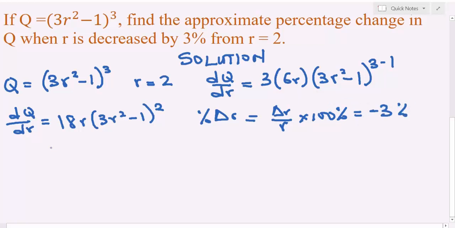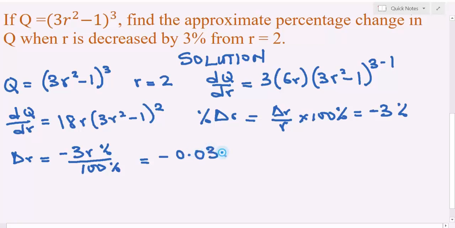Minus because it's a decrease. So our change in R will give us minus 3R% all over 100%. This is the same thing as minus 0.03R.